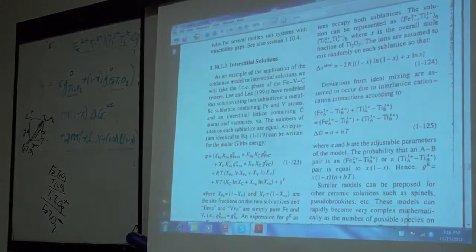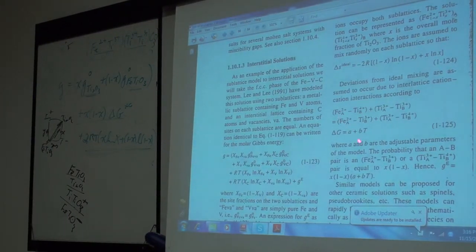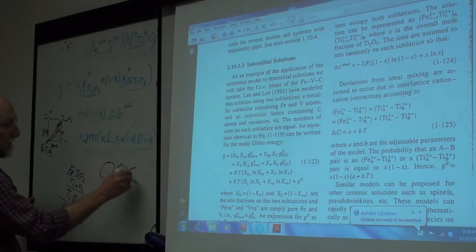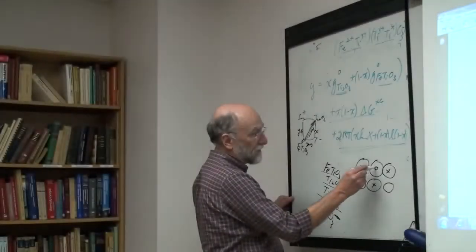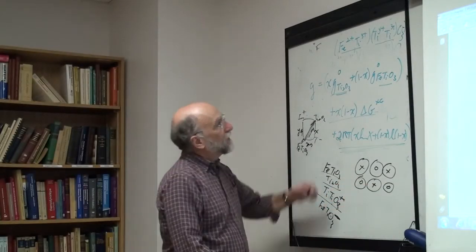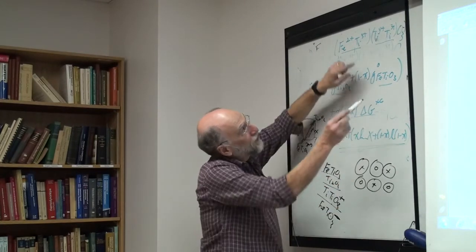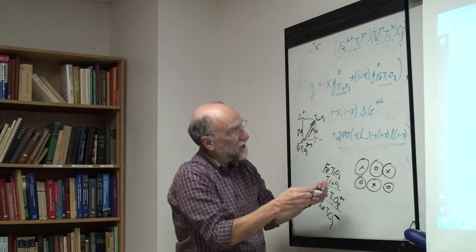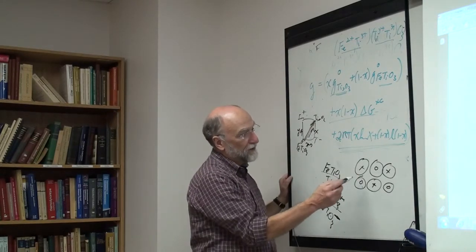And what we said then was that these are pairs on opposite sublattices. You consider your two sublattices: this is one sublattice here, and this is your other sublattice here. The exchange reaction is actually the change in your nearest neighbor pairs.